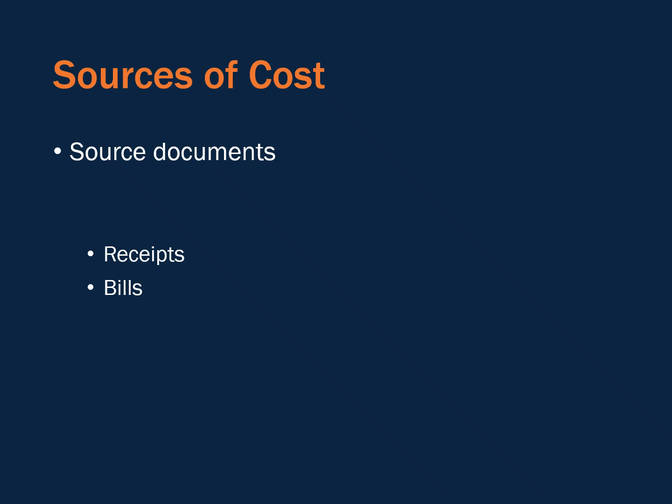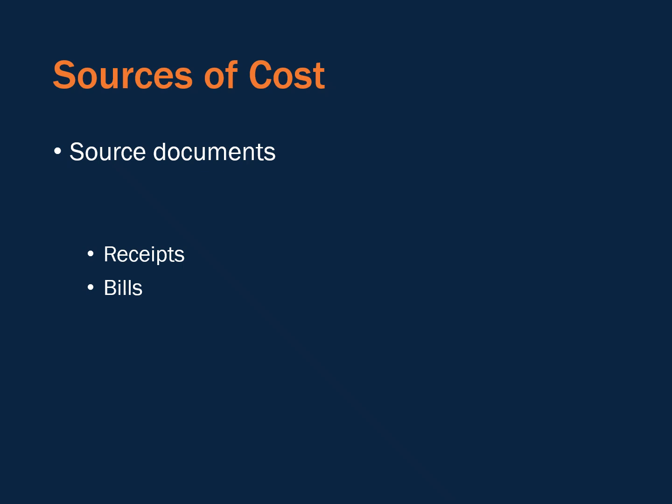Now, there are sources of cost that we need to look at. We get information on cost from source documents, because these are the documents based on which costs are recorded into the books of accounting. We call them source documents.